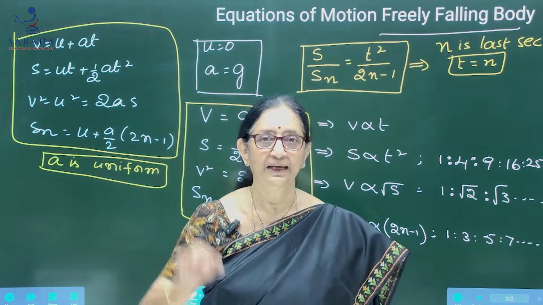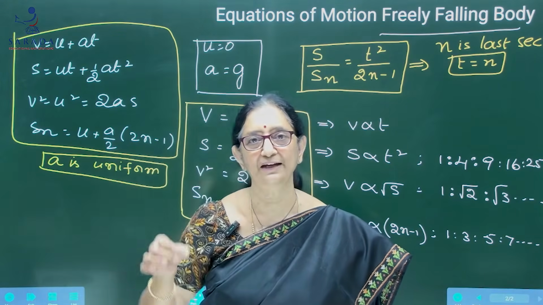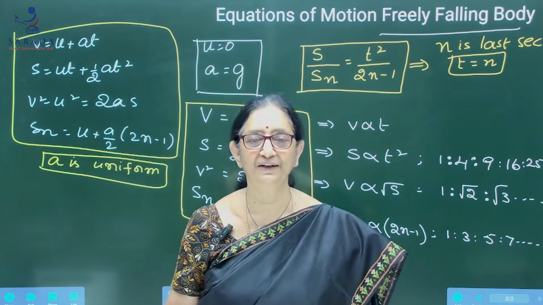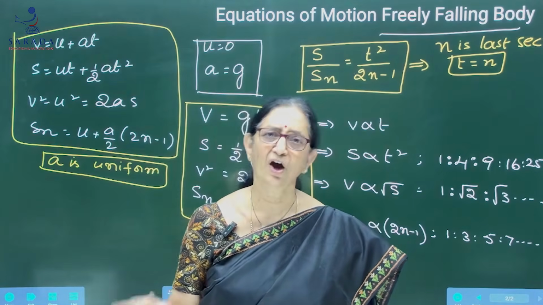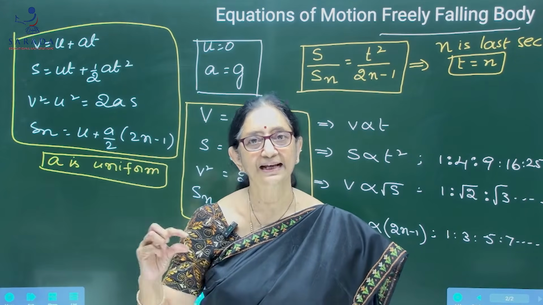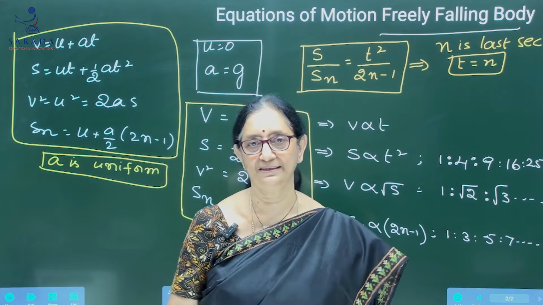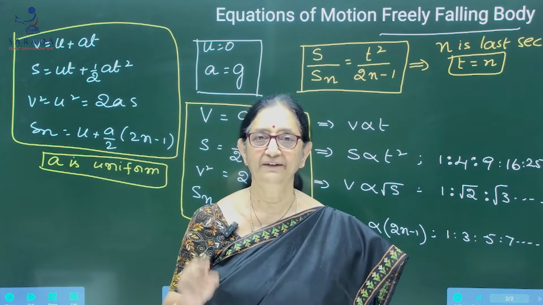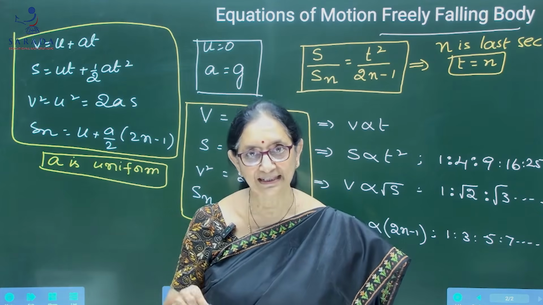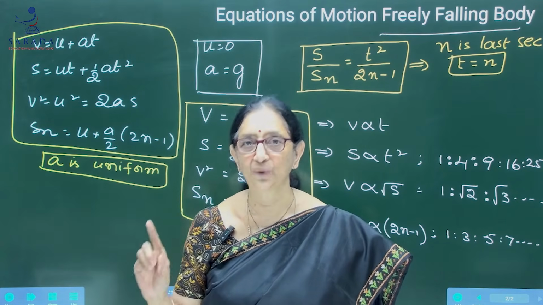Got the point? Or vice versa, if the total time of free fall is 10 seconds, the last second becomes the 10th second. So, if n is the last second of free fall, then t is equal to n.